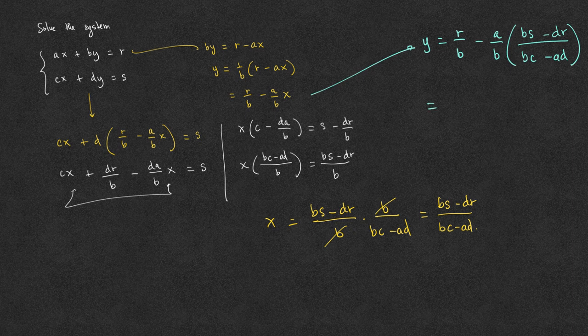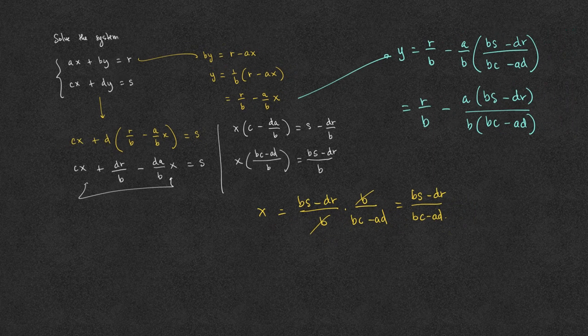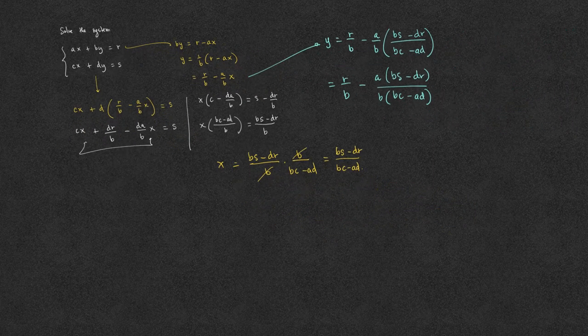Simplifying this, we have r over b minus a times bs minus dr over b times bc minus ad. Then we find the common denominator. The common denominator is b times bc minus ad.